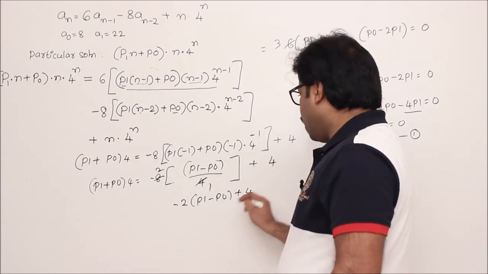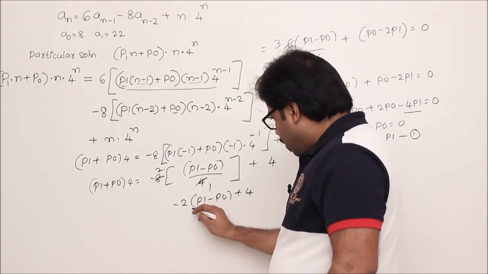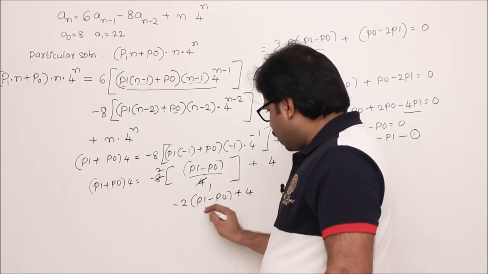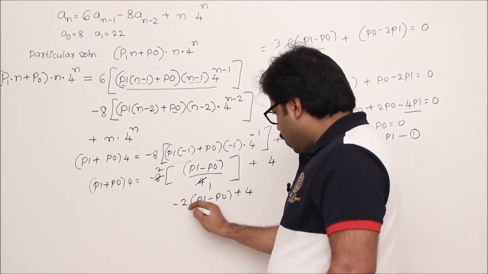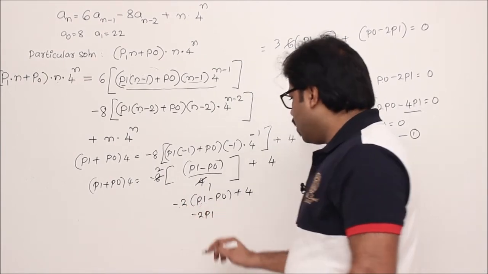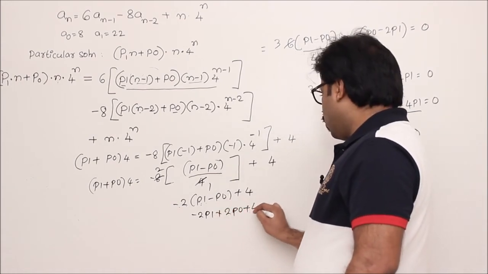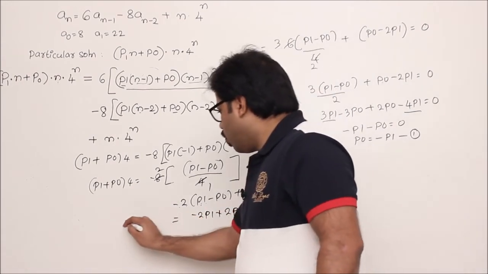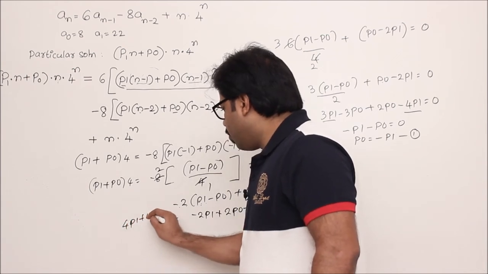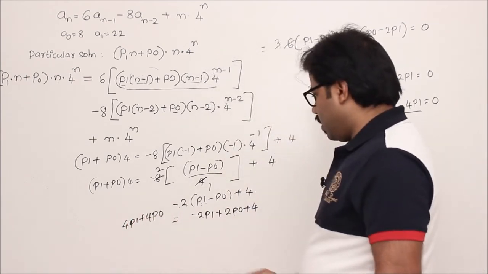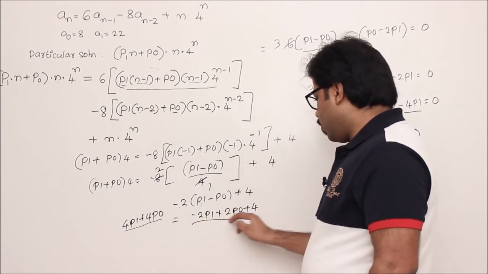plus 4. Okay. Now, this would become P1 minus P naught into minus 1 is P naught minus P1. Minus 2 into P1 is directly minus 2P1. And minus 2 into minus P naught is plus 2P naught plus 4. That would be equal to 4P1 plus 4P naught. Right? See here, 4P1 plus 4P naught equal to this one.